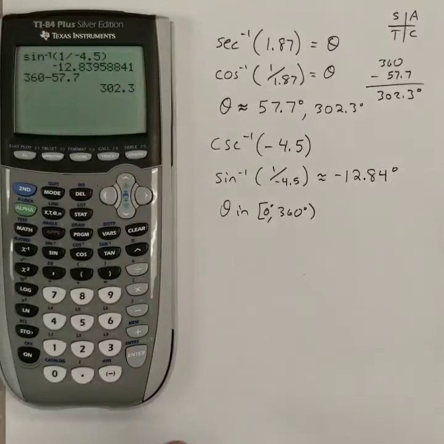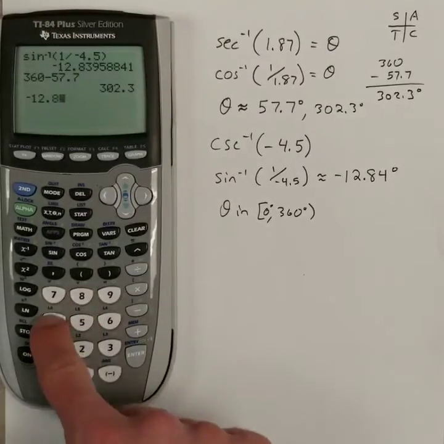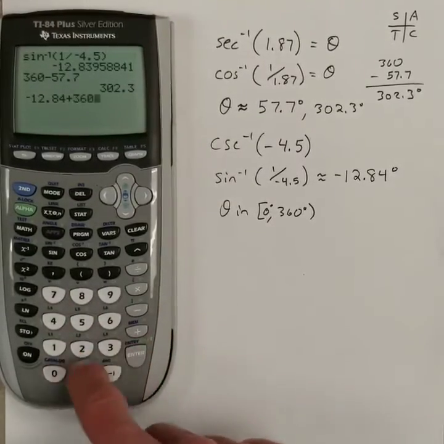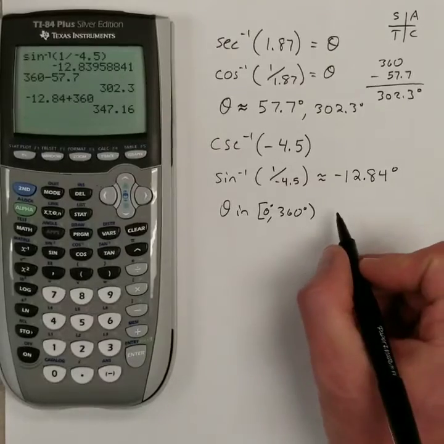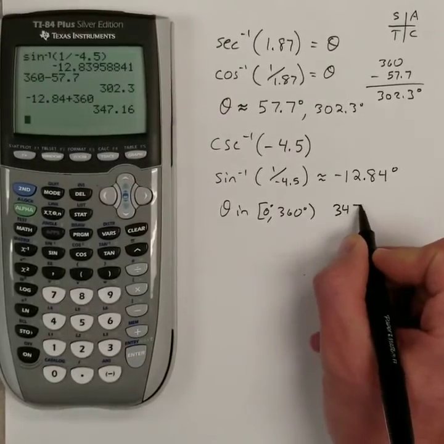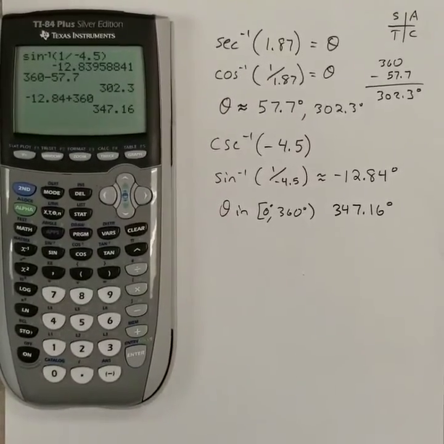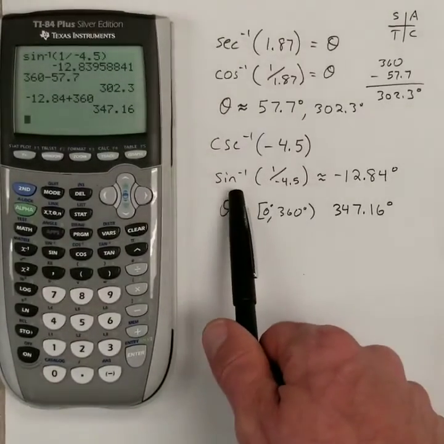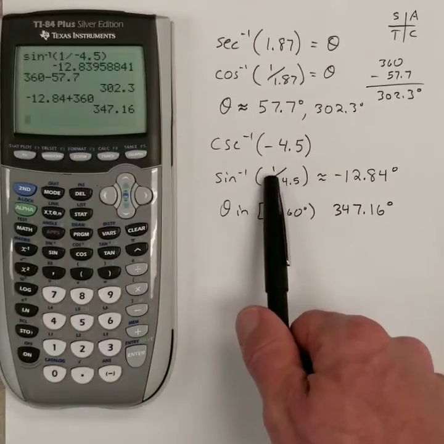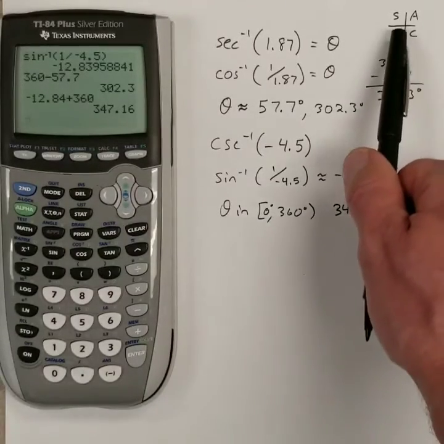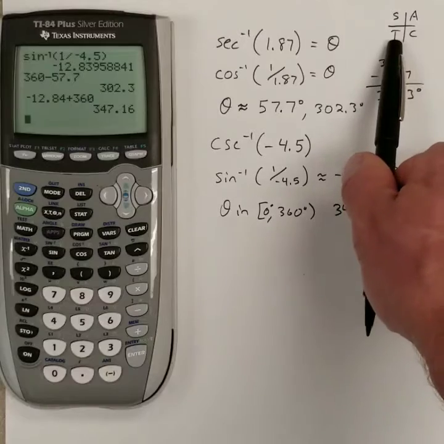So I might take negative 12.84, add 360, and that will give me a 347.16 degree angle. That's a fourth quadrant angle. Remember, the sine is negative. This is a negative value in both the fourth and third quadrants.